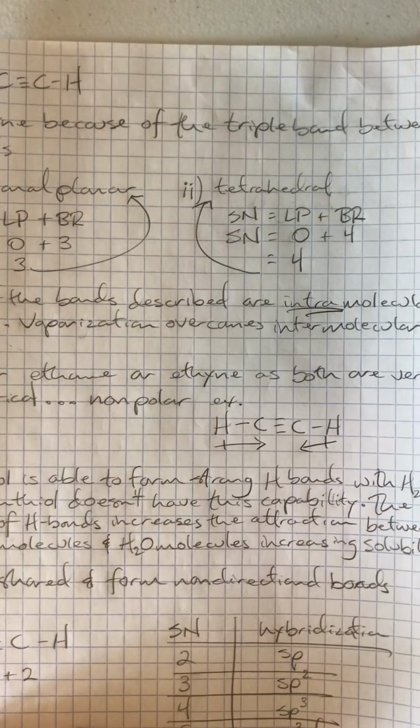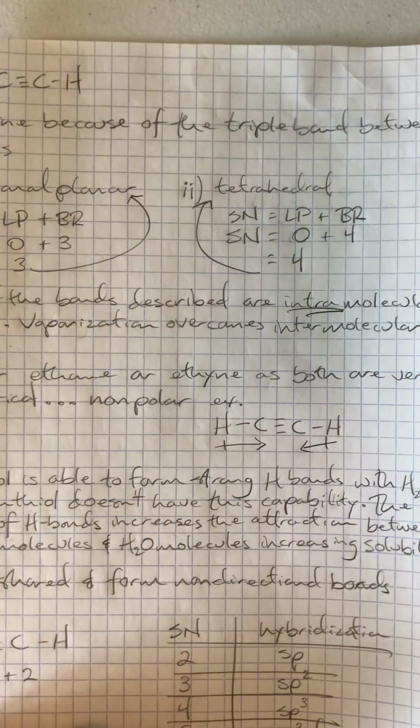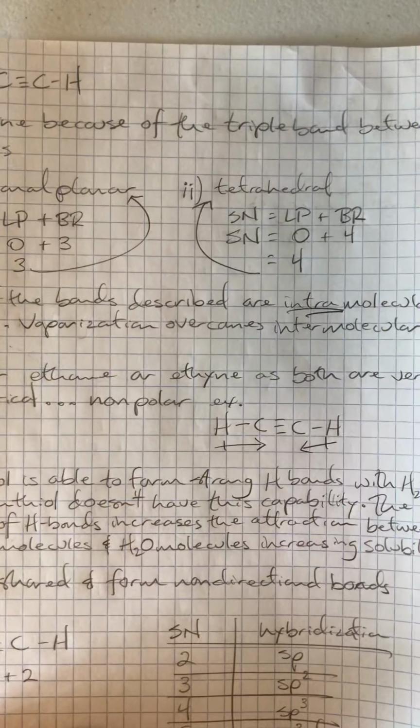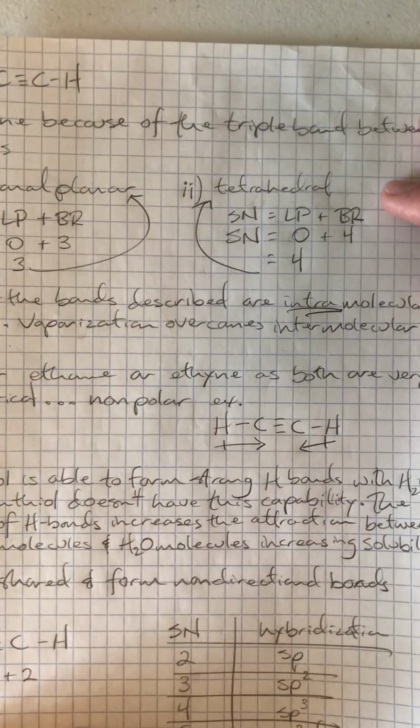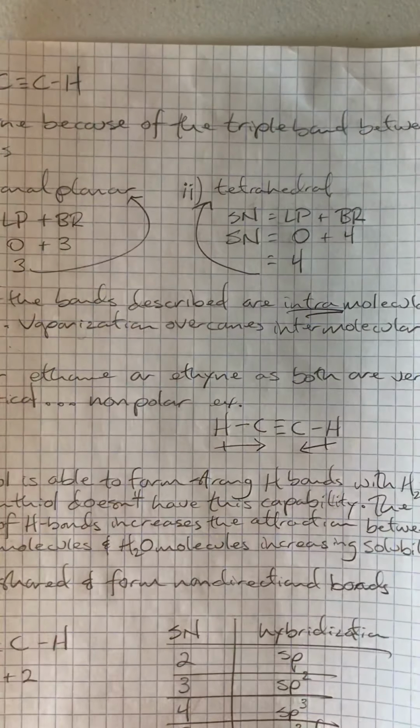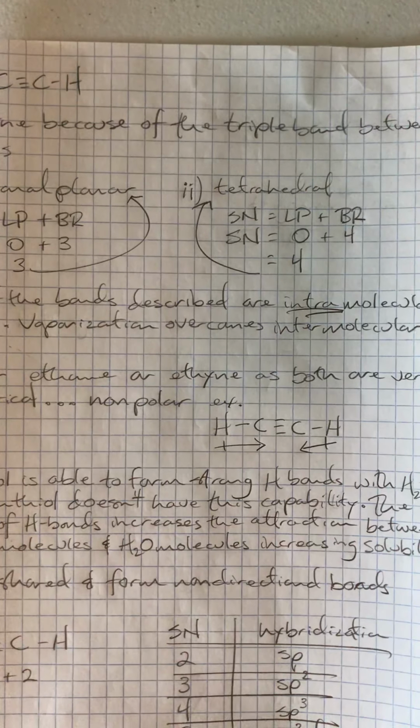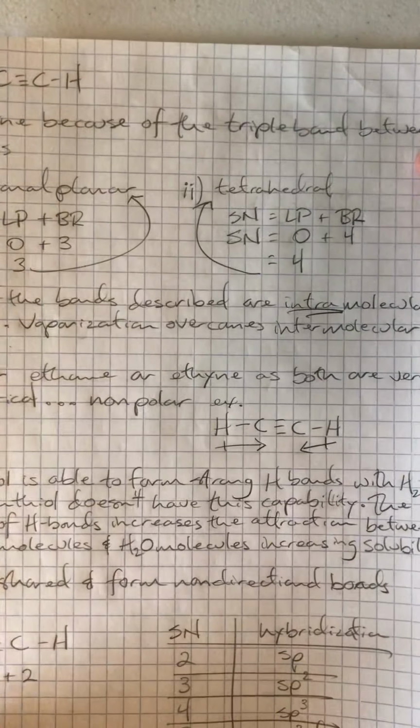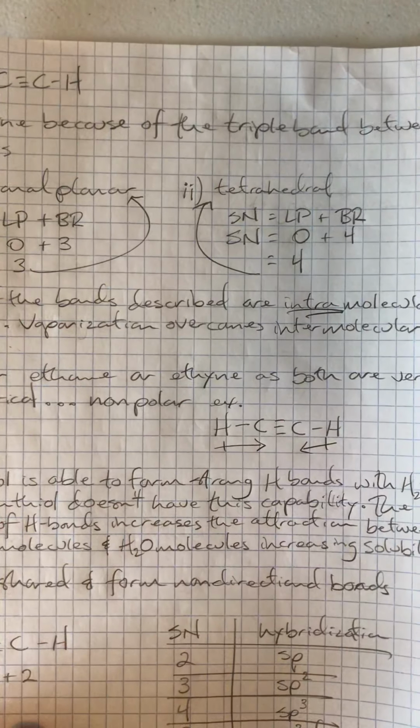Here's an example of ethyne. And then ethanol is able to form strong hydrogen bonds with water, but ethane does not have this capability. The forming of hydrogen bonds increases the interaction between the ethanol molecules and the water molecules, increasing the solubility. That was for part F.